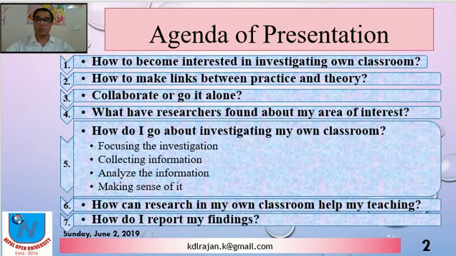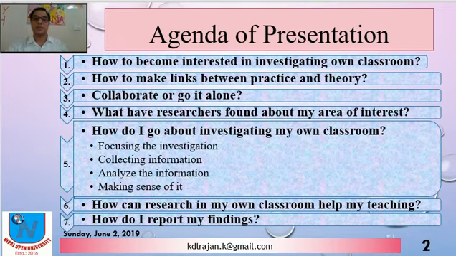Then I will discuss how I go about investigating my classroom. Four stages are suggested in the article: focusing the investigation, collaborating, collecting information, and then analyzing the information, making sense of it.